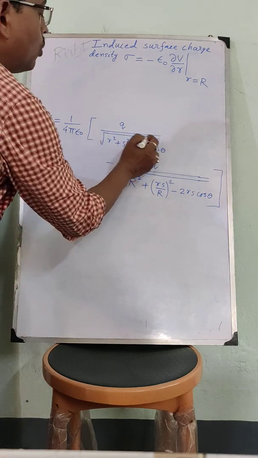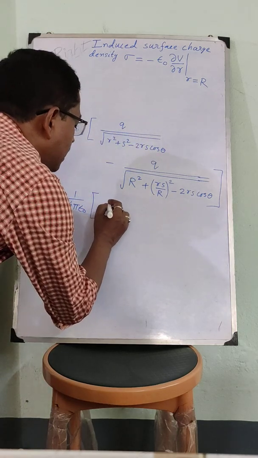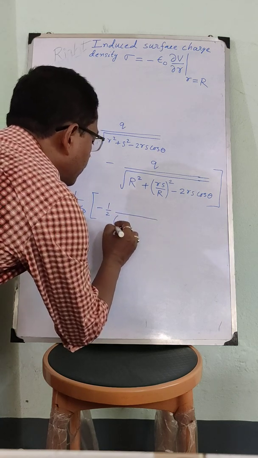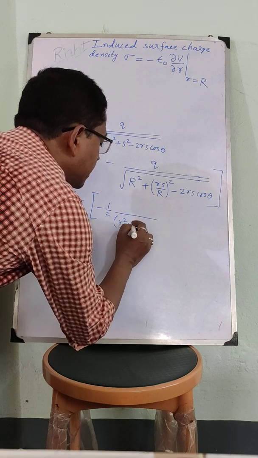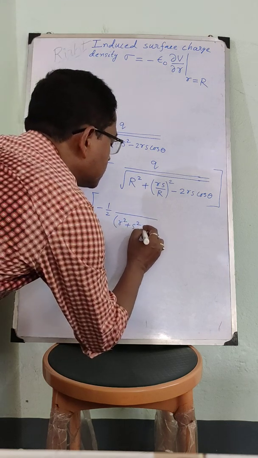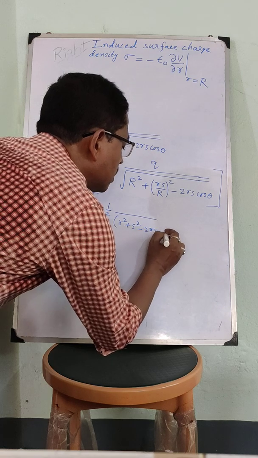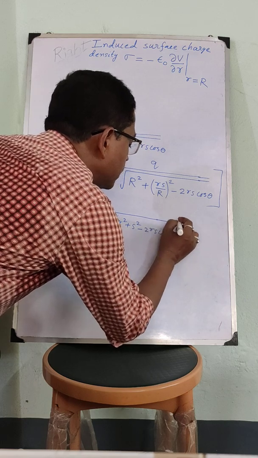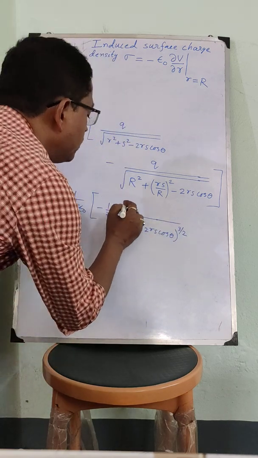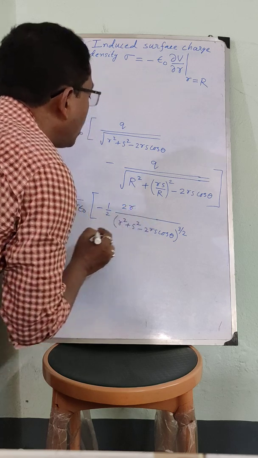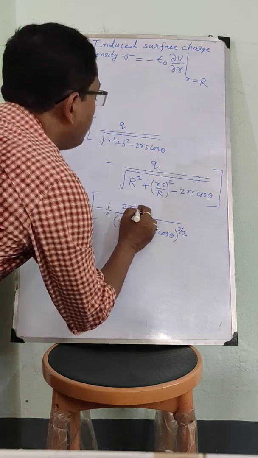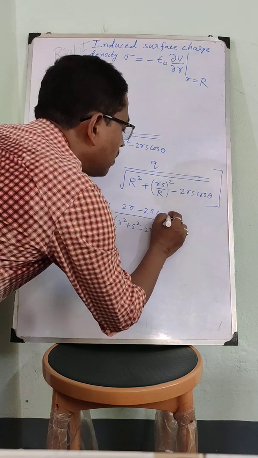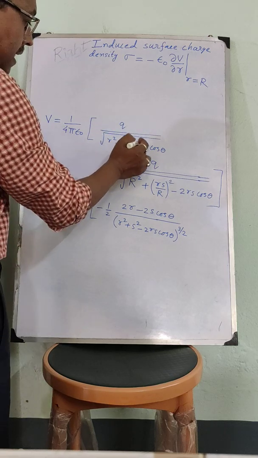Now here I have a root in the denominator, so minus half divided by bracket r square plus s square minus 2rs cos theta, this will be to the power 3 by 2. Then we will have 2 small r, then minus 2s cos theta. So we have differentiated this term.